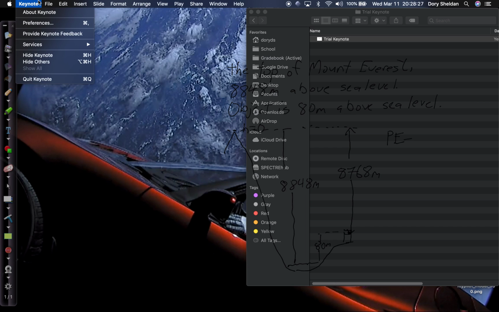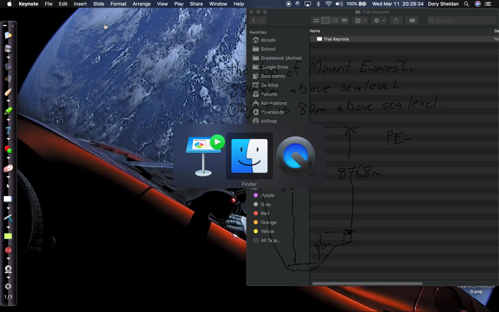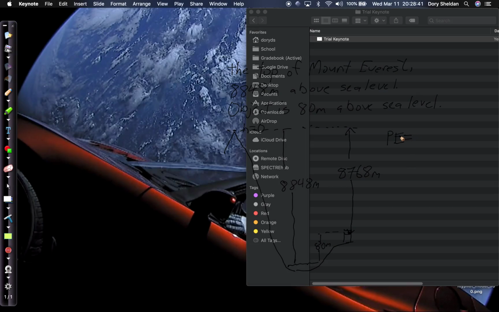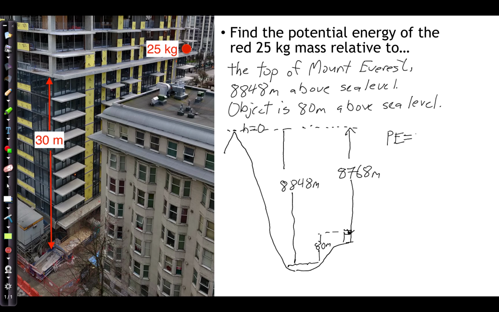That is equal to mgh, which is equal to the mass, which is 25 times 9.8.